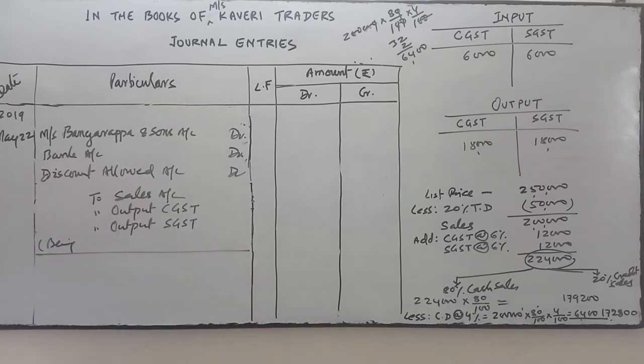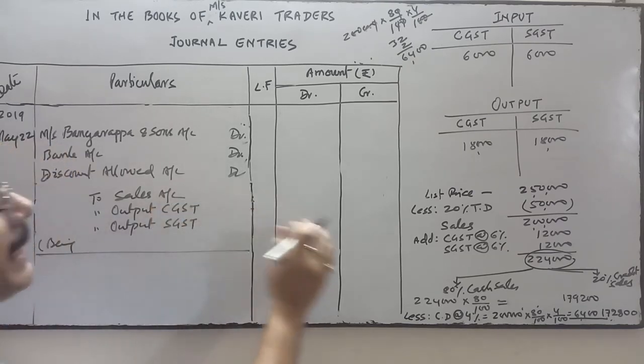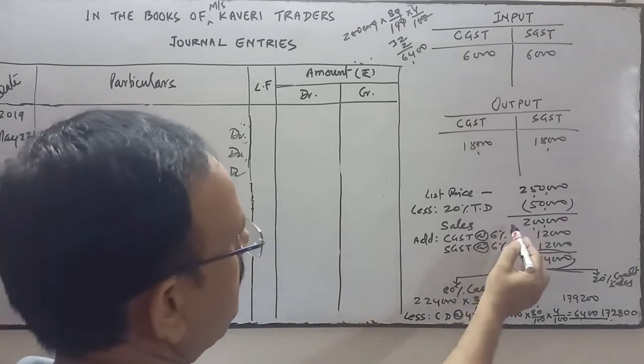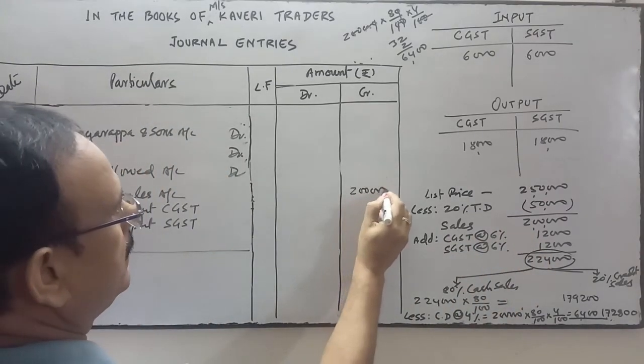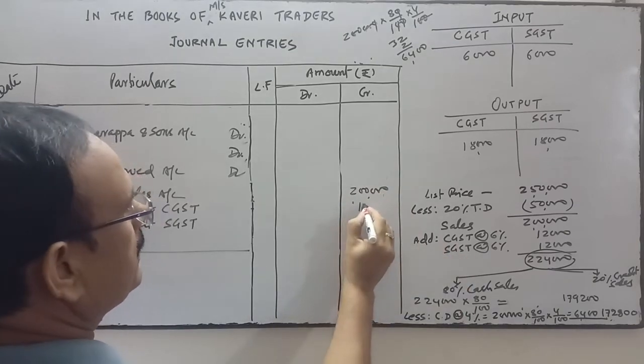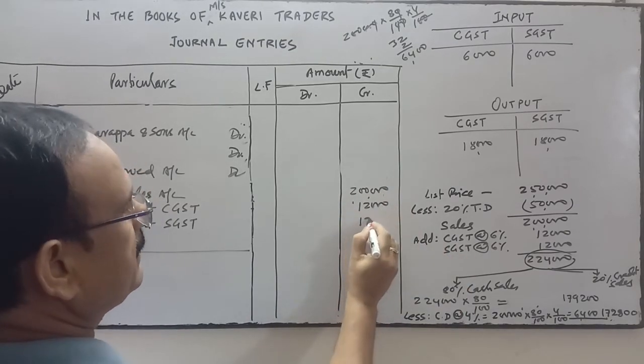Sales will be credited with 2 lakhs. Thereafter output CGST 12,000 and output SGST 12,000.